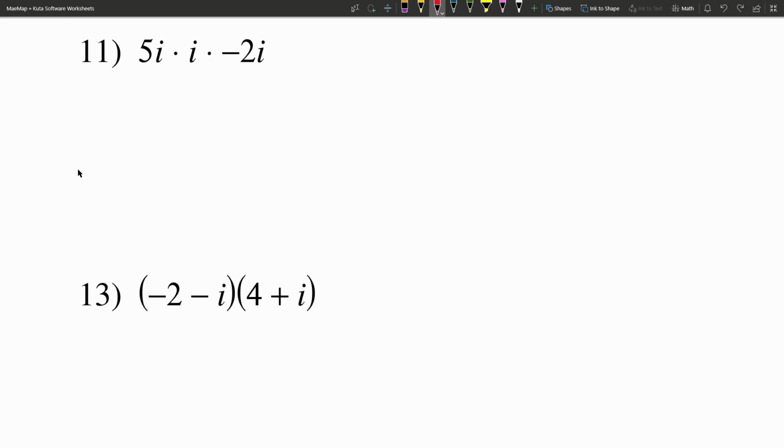In number 11, we have 5i times a negative 2i. Since everything's multiplied together, combining 5 times negative 2, that's going to result in a negative 10. And then I have i times i times i, so that's i cubed. But I know for a fact I can simplify i cubed down a bit, because i cubed can be rewritten as i squared times i.